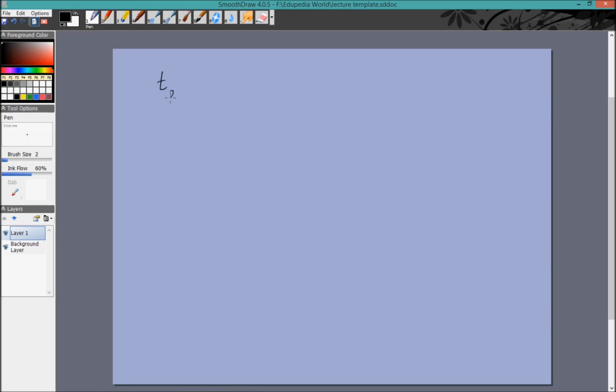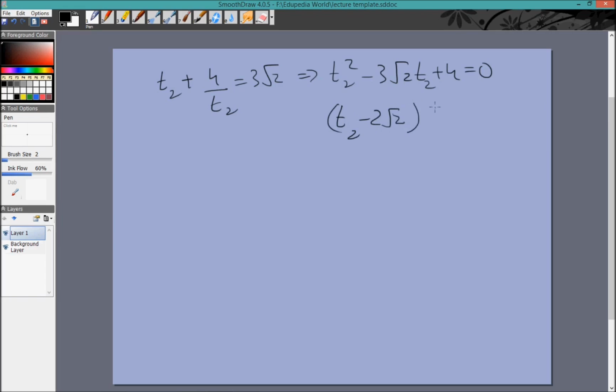So t2 plus 4 by t2 is equal to 3 root 2, which means t2 square minus 3 root 2 t2 plus 4 is equal to 0. 3 root 2 is 2 root 2 plus root 2 and both of them multiplied give me 4. So by splitting the middle term, the equation is (t2 minus 2 root 2)(t2 minus root 2) equal to 0. So t2 or t1 interchangeably are root 2 or 2 root 2.